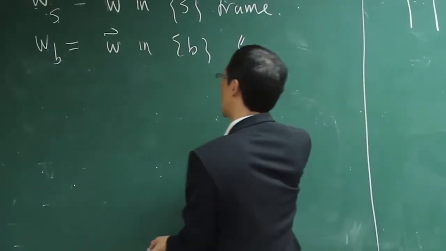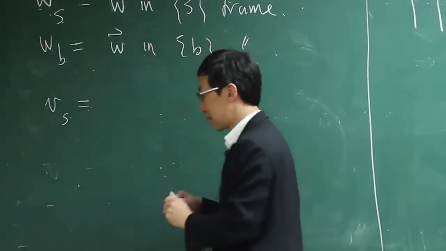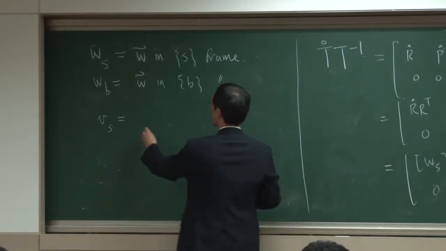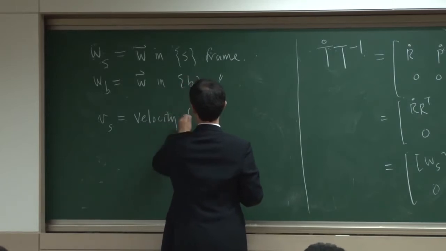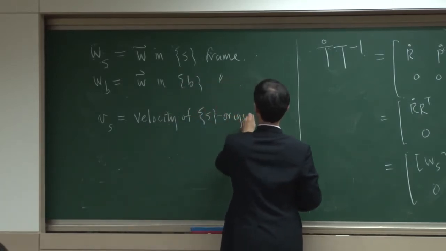V sub S is the velocity of the S frame origin.